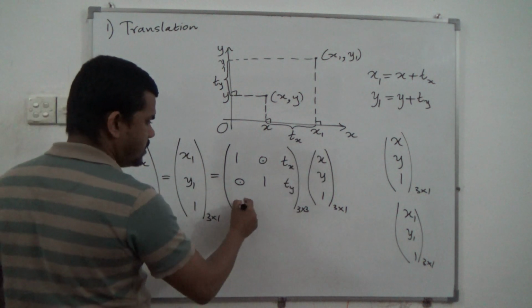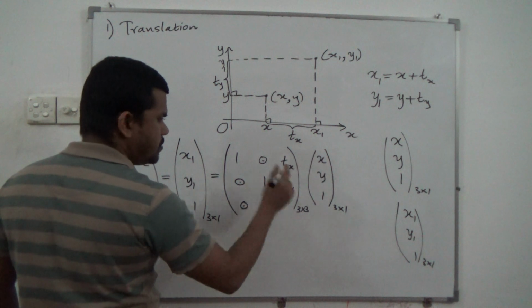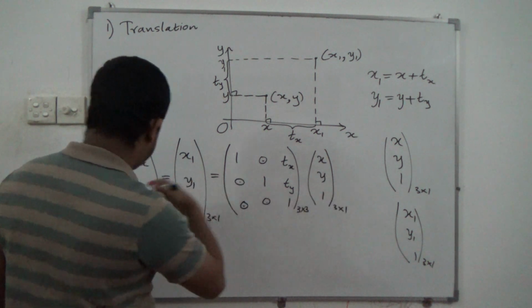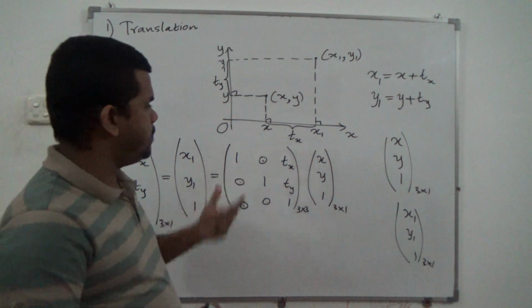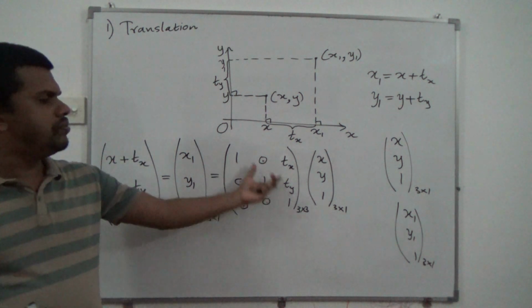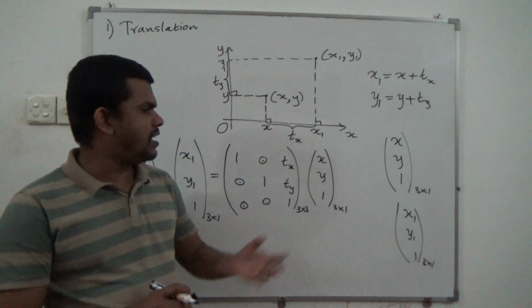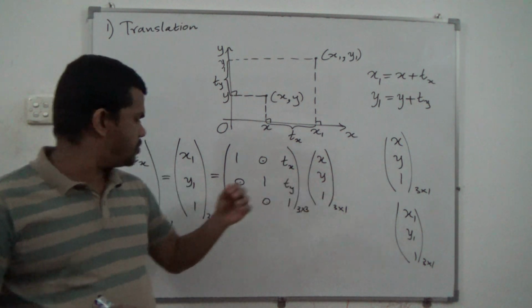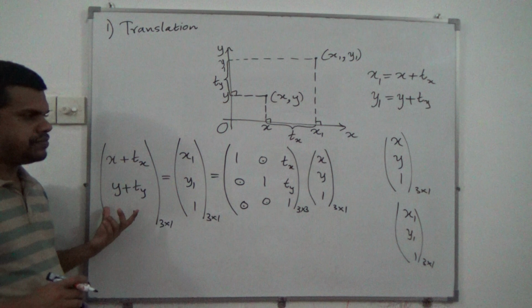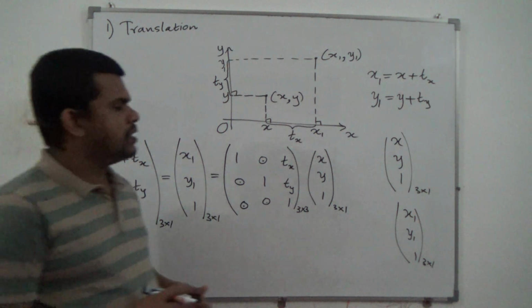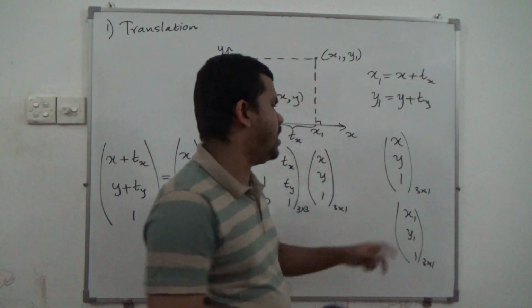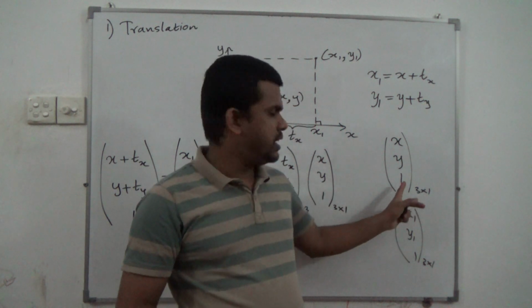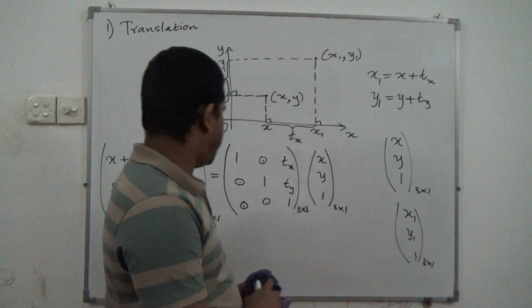Therefore no x terms, no y terms, 1 into 1, 1. Therefore now we could find a matrix that transforms this to this. That is why we use this additional value, which we have taken as 1.